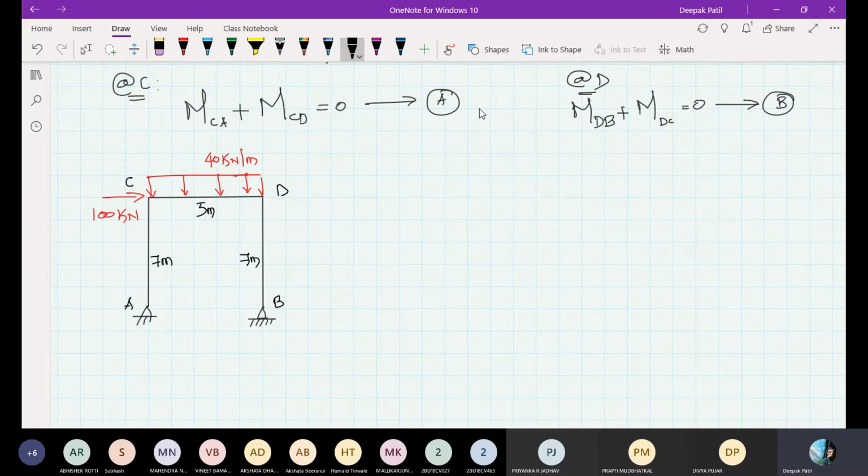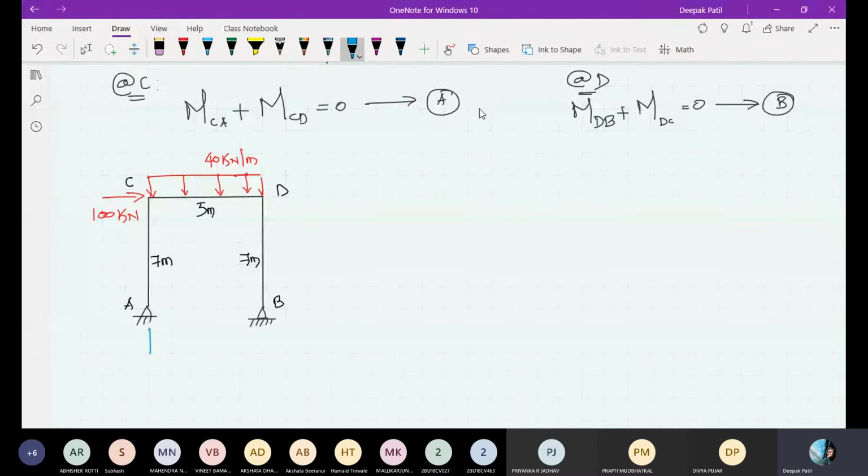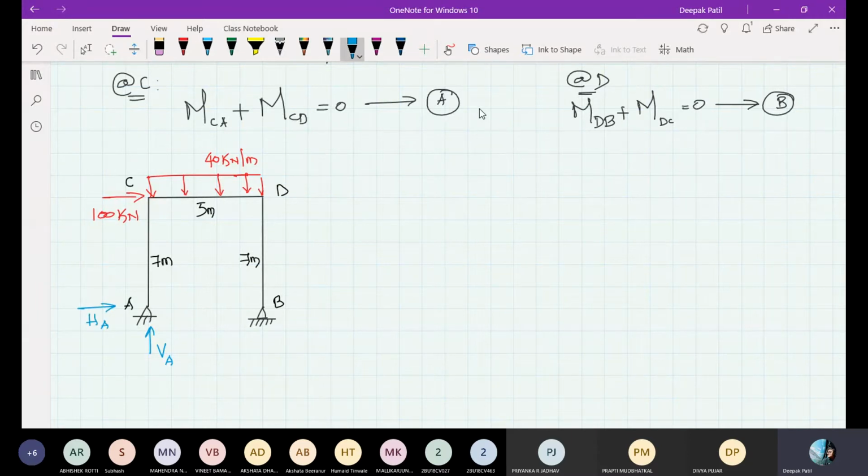Now, since these two are pin supports, I can easily write what kind of reactions will come there. So one, I will get a vertical reaction. Let me call that VA. And also I will get one horizontal reaction. Let me call that HA.